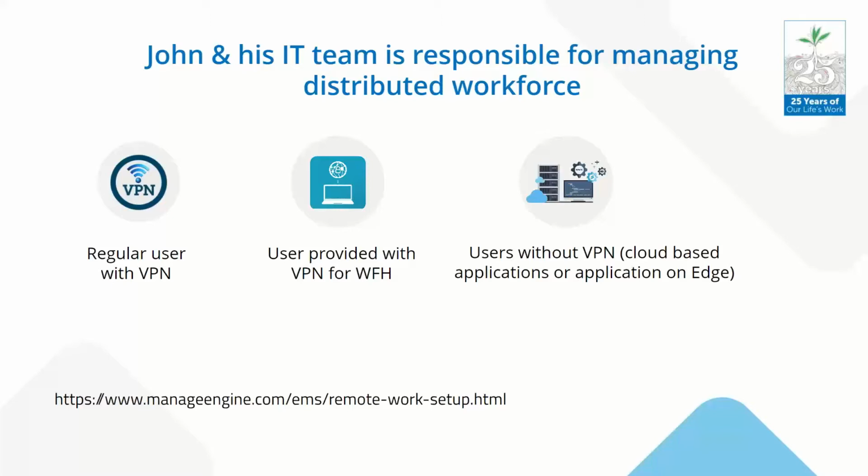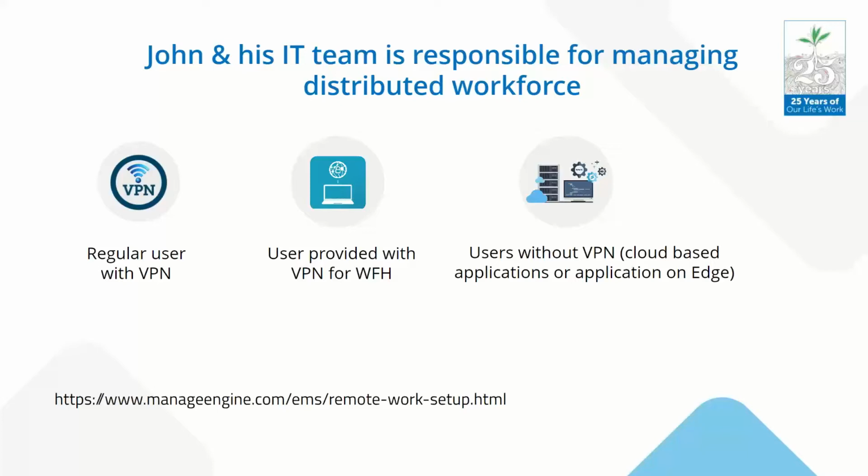And the third type of user is also going to get connected from their home or from a remote space. But here, all your applications are either on the cloud or at the edge, where the users can get connected to those applications directly.